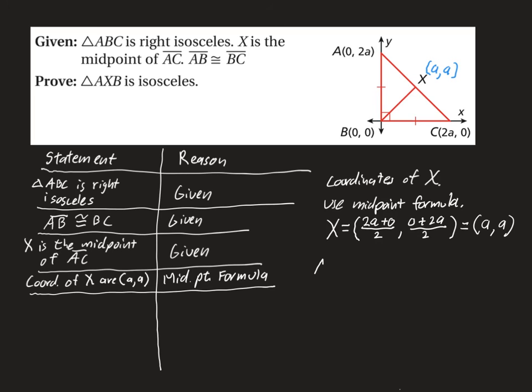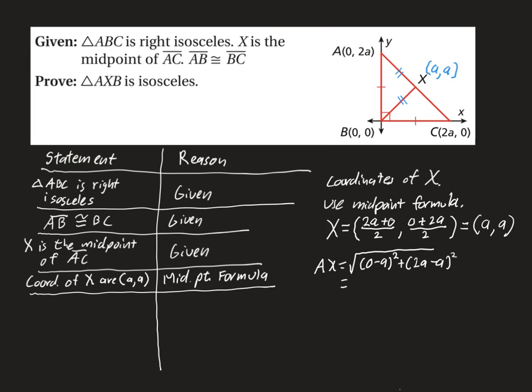So now what I want to do is show that this line segment here, AX, is congruent to BX. And to do that, I'm going to use the distance formula. So that will be the square root of 0 minus a squared plus 2a minus a squared.